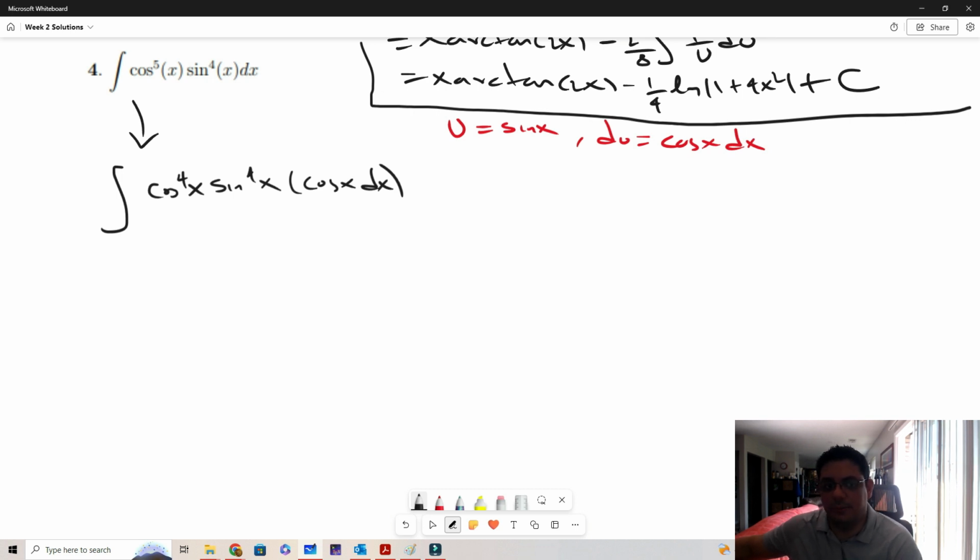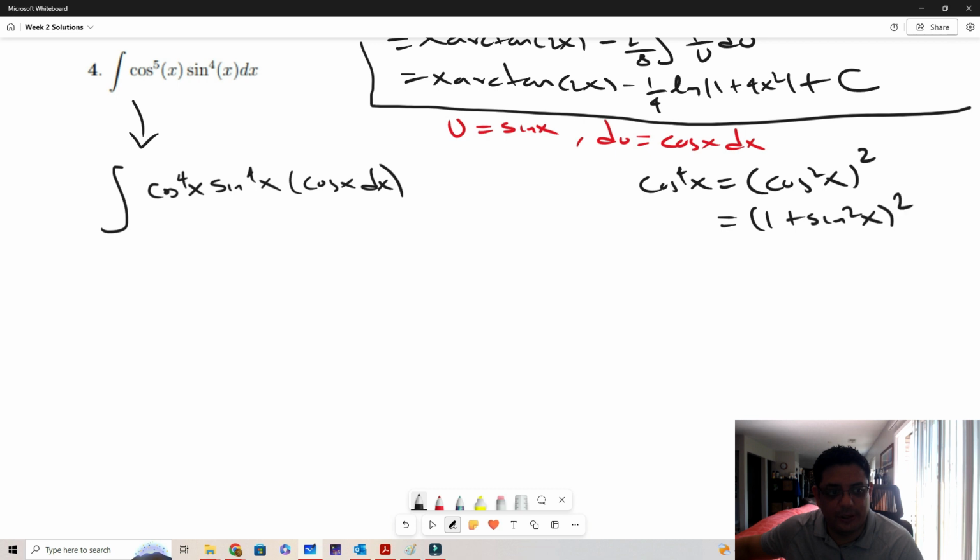So at this point, I can probably have the du, and this will be u to the 4. The problem is this cosine to the 4th. But cosine to the 4, I can see as cosine square squared. And cosine square is also, in terms of the sines, 1 minus sine square. So this is like 1 minus sine square squared.